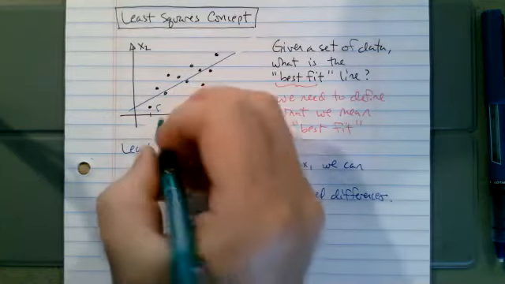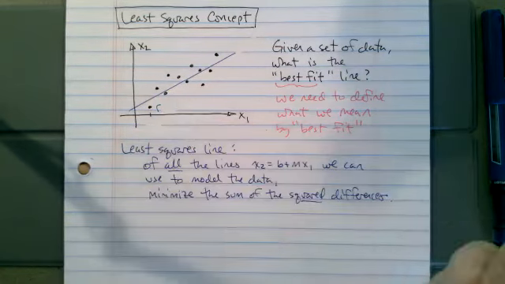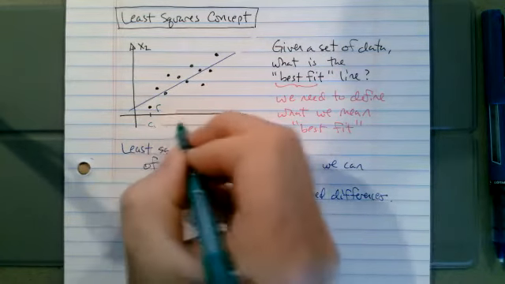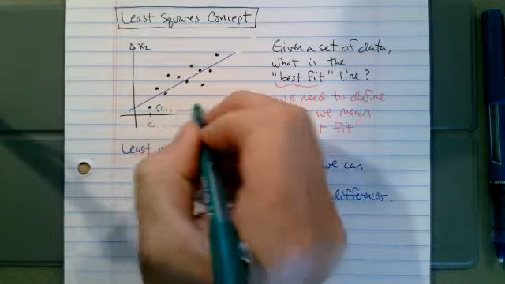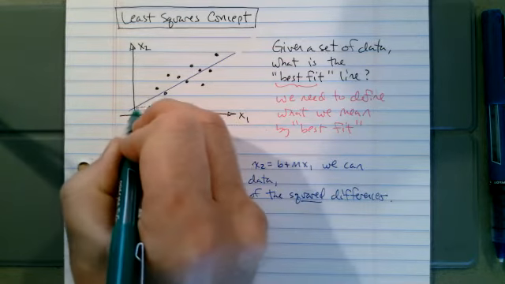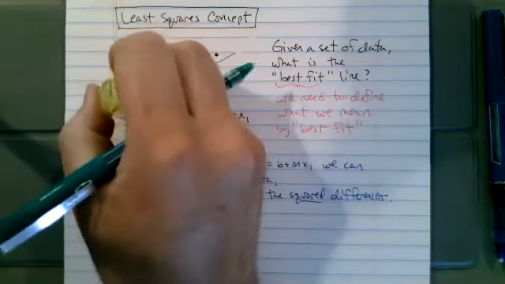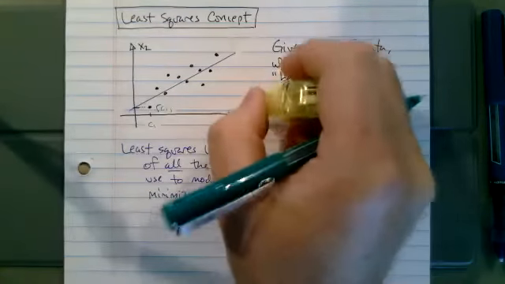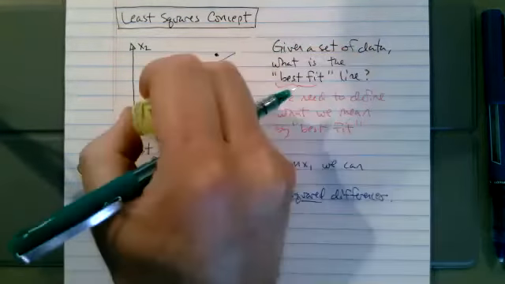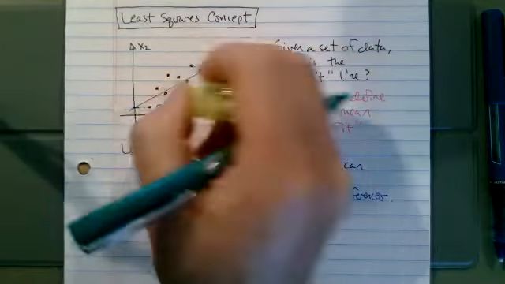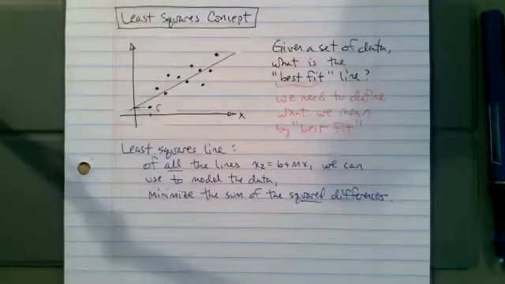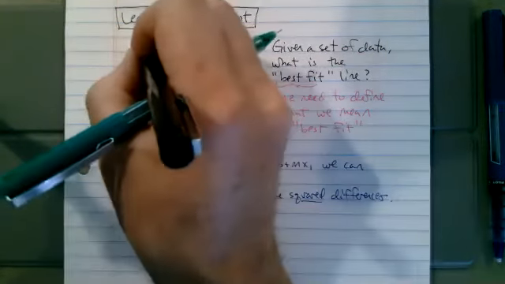Say the actual data point is C1. You know what? I have to revamp this because I'm never going to be able to translate all these variables. My bad. Let's just go X and Y.